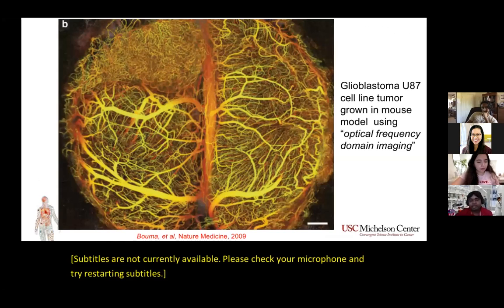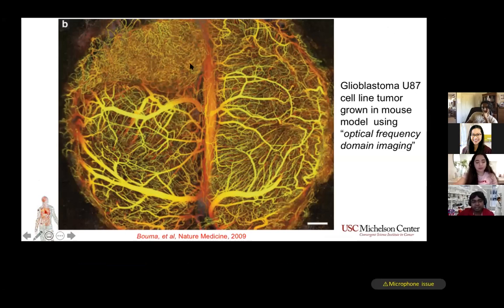So what you see here is a mouse brain. And these authors, Bauma et al., actually injected human glioblastoma U87 cells directly into the mouse brain. This is the imaging, which is also called optical frequency domain imaging, and this is in 2009.